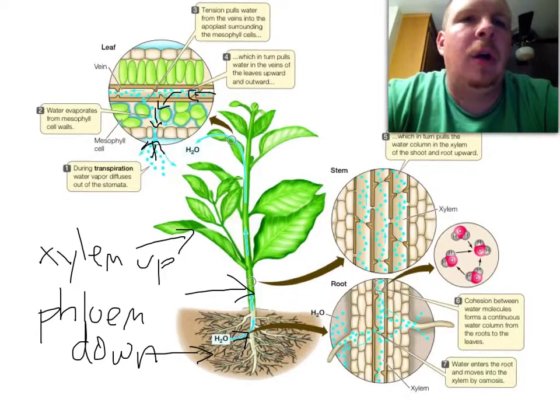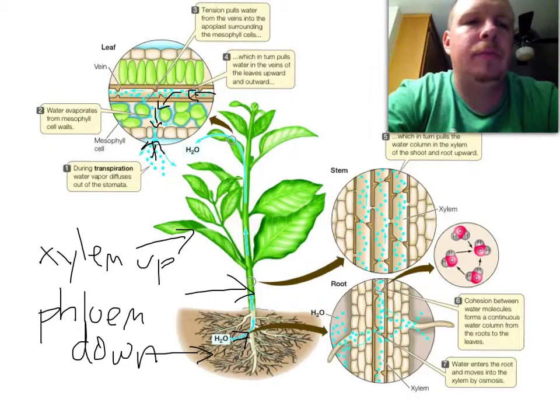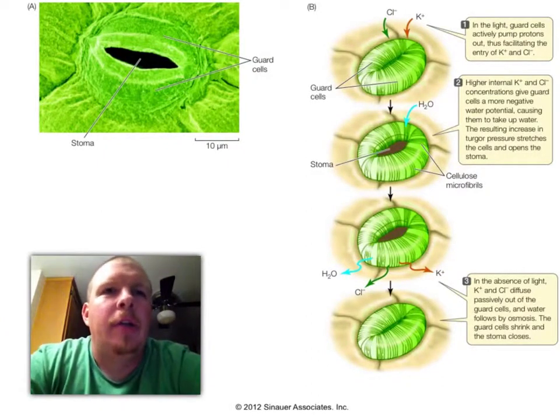All right, last up we're going to look in a little more detail at the plant leaf, and specifically the stomata. I moved down to the lower left-hand side so that I could fit these pictures in.